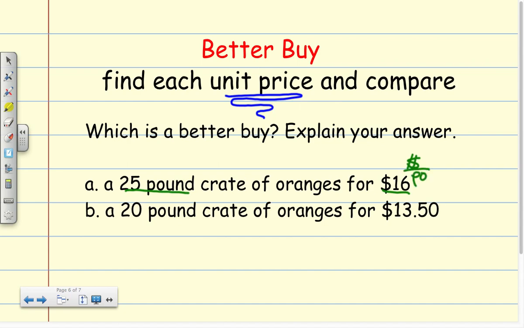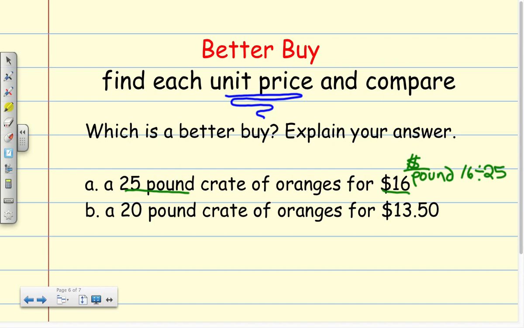Money over pounds. I want to know how much I paid for 1 pound. So here I'm going to go 16 divided by 25. Now if you're confused, how did I know that? Because I want to do dollars over pounds.